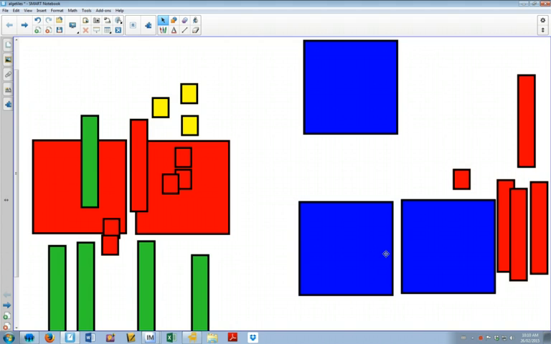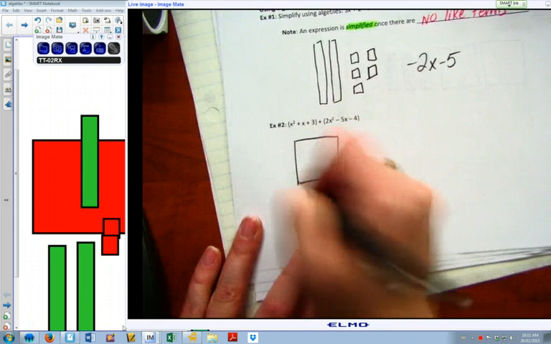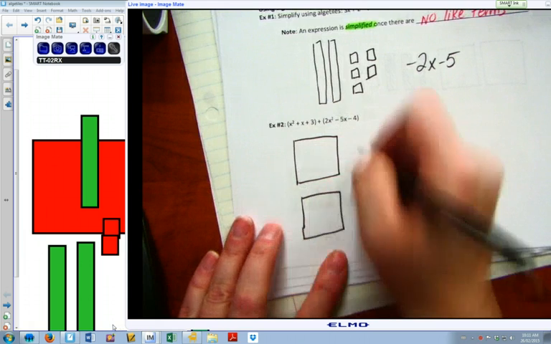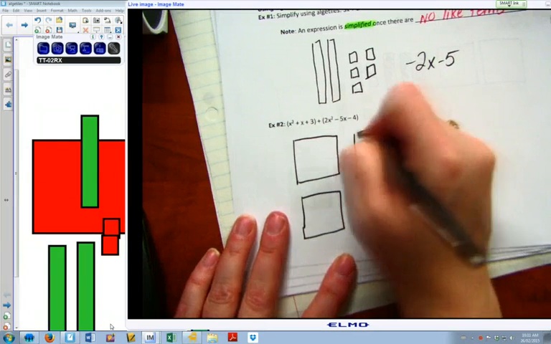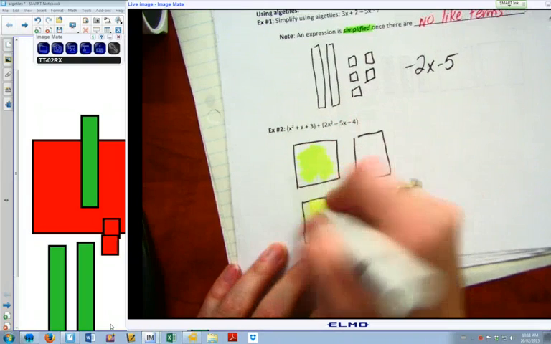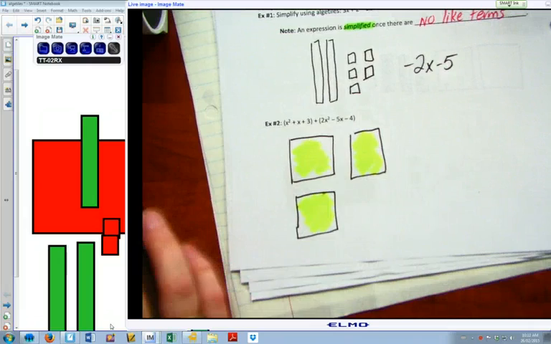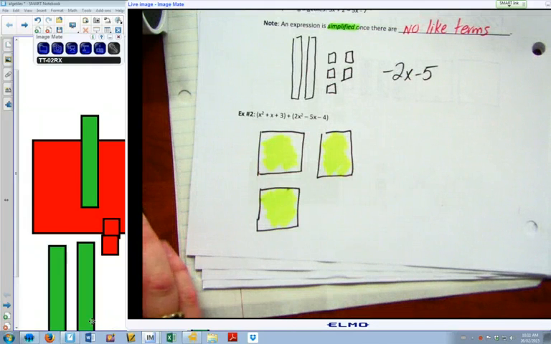Okay, so let's draw out the answer first. How many big squares do we have? 3 of them. Colored or white? Wait, what?